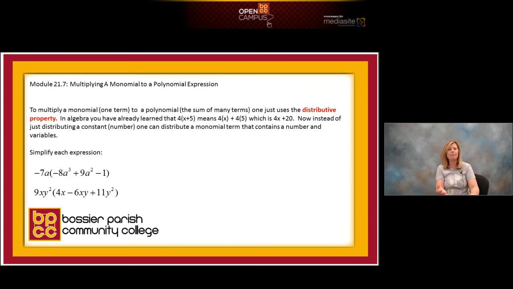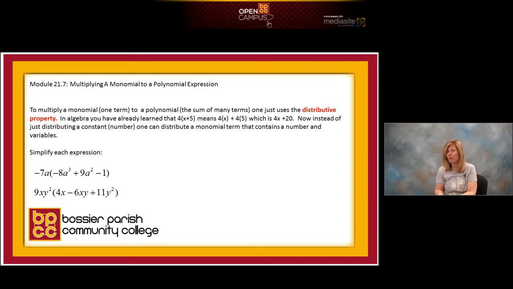So remember, a binomial would have two terms, a trinomial would have three terms, and anything with four or more terms we just call a polynomial. Well, think back to what you've already learned in algebra. If I have the expression 4 parentheses x plus 5, in the front of that parentheses is a monomial, 4.